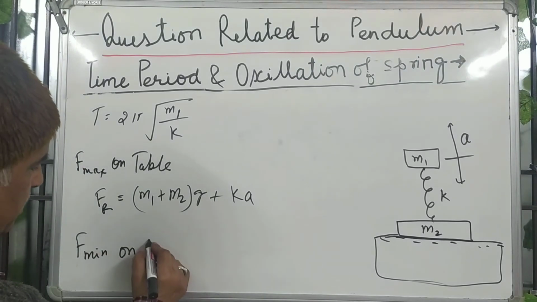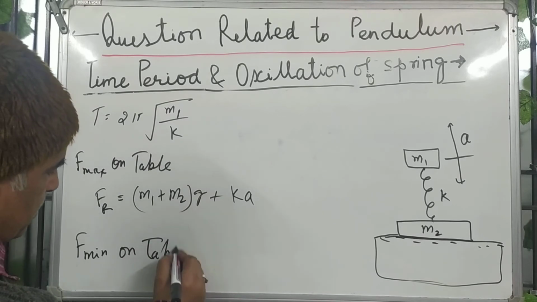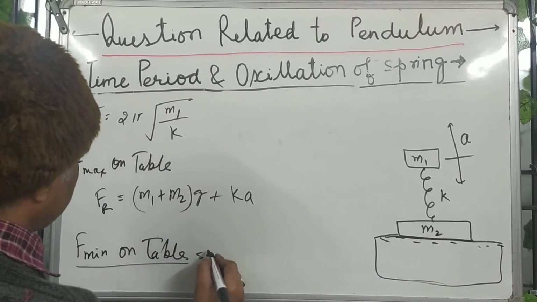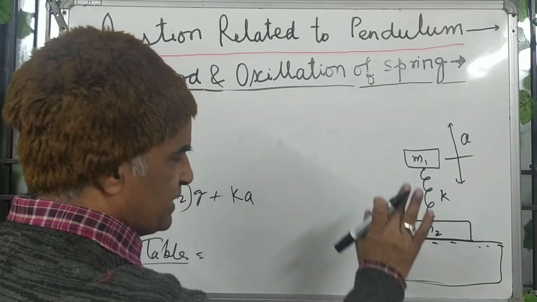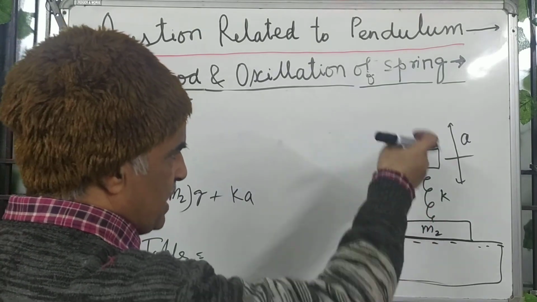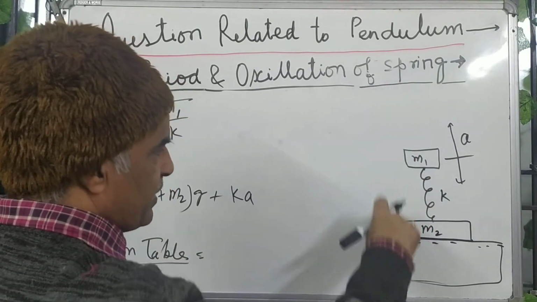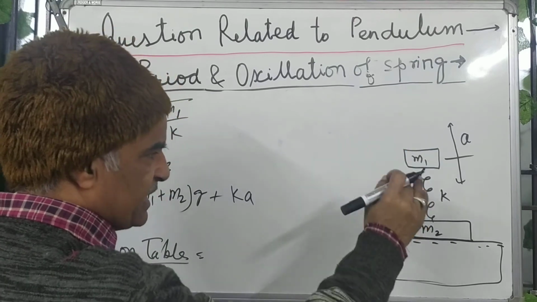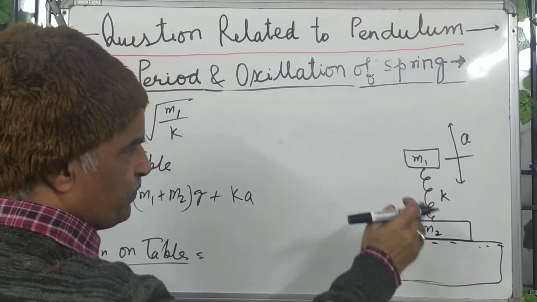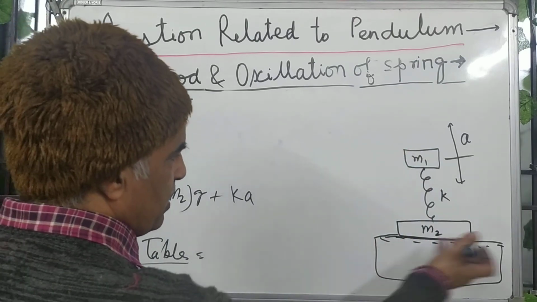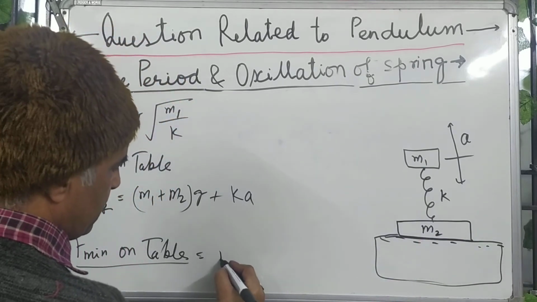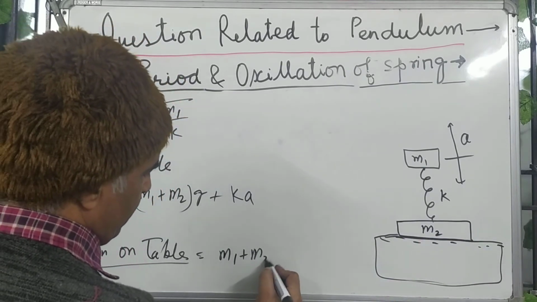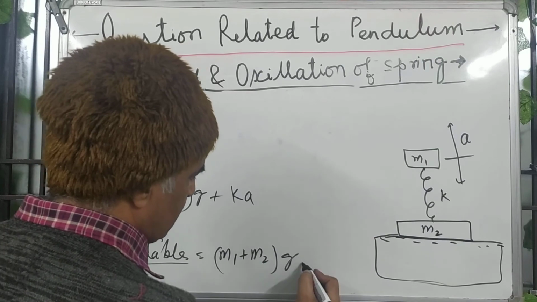And force minimum on the table: this weight is fixed, the mass is moving upward or coming downwards, compression or extension is taking place, no matter, the weight will act on the table, so that is m1 plus m2 times g.